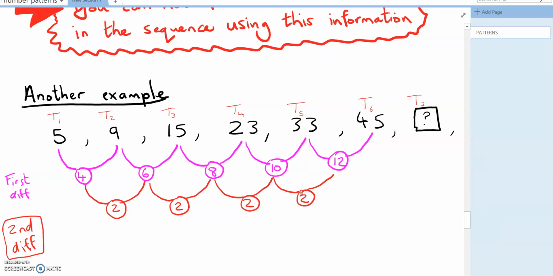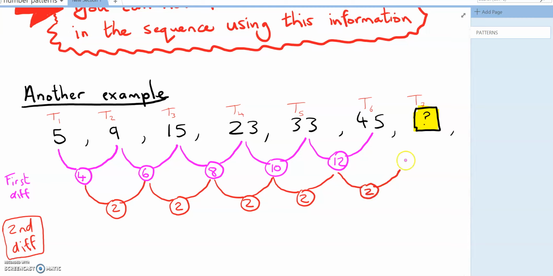Now, I'm asked to find term 7. So I need to use this information that I found to work out term 7. And funnily enough, you kind of have to start down at the bottom. I know the difference between 10 and 12 is 2. So the difference between 12 and this next number will also be 2.